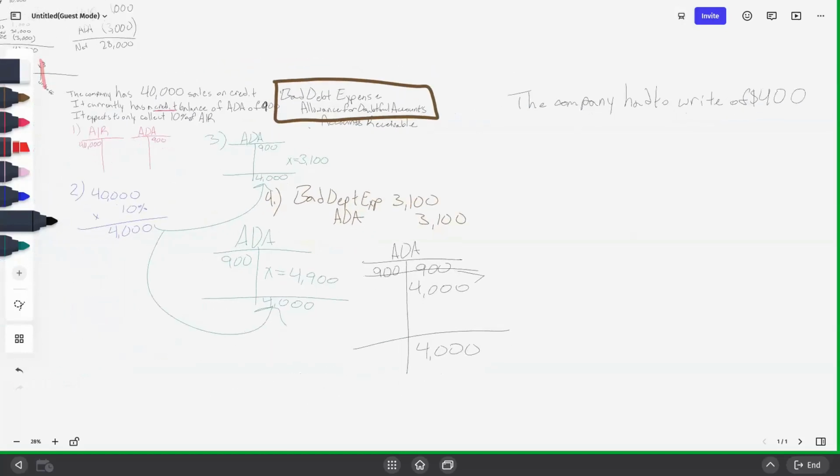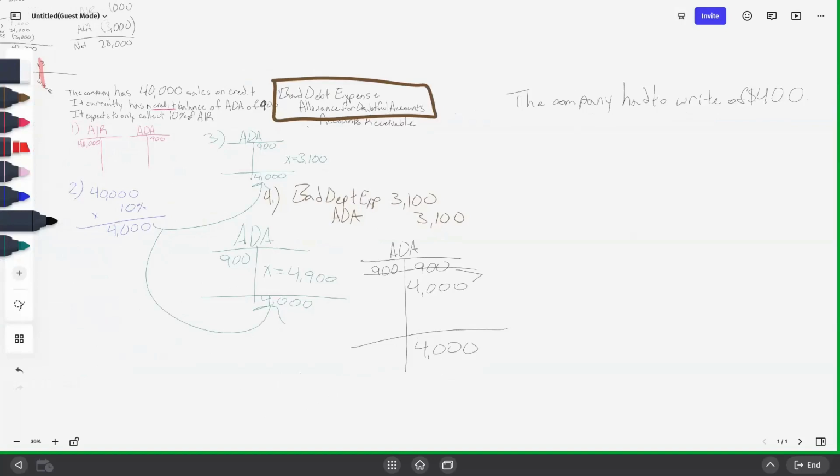This question has the bone structure that you need to solve it for the allowance method: we have this amount of sales on credit, or allowance, accounts receivable. You have already a credit balance for allowance for doubtful accounts. You will always get the beginning balance of allowance for doubtful accounts. And last is the percentile of accounts receivable. You'll get, this is how much percentile we're expecting.